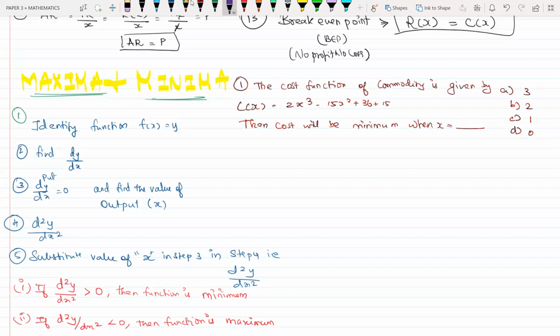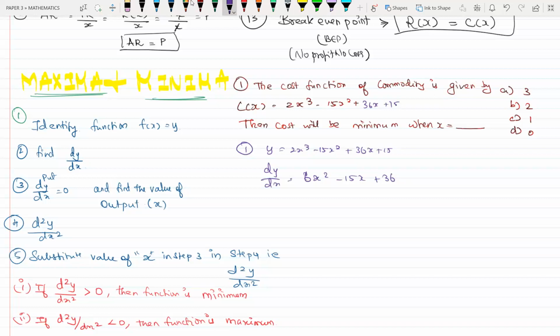How am I going to solve? What's my first step? Identify f. Y is my function. Y is equal to 2x cube minus 15x square plus 36x plus 15. So once it has been done, then find dy by dx, which is nothing but 6x square minus 30x plus 36.